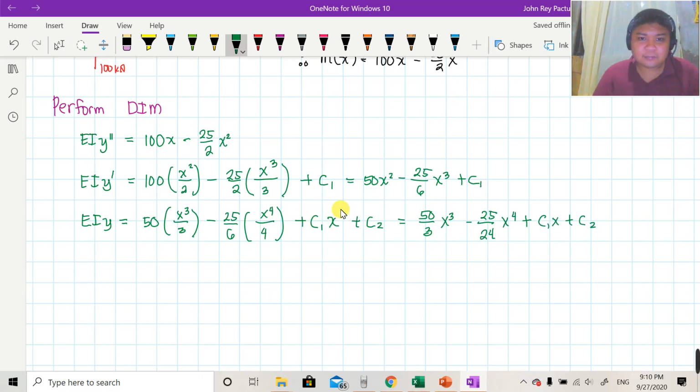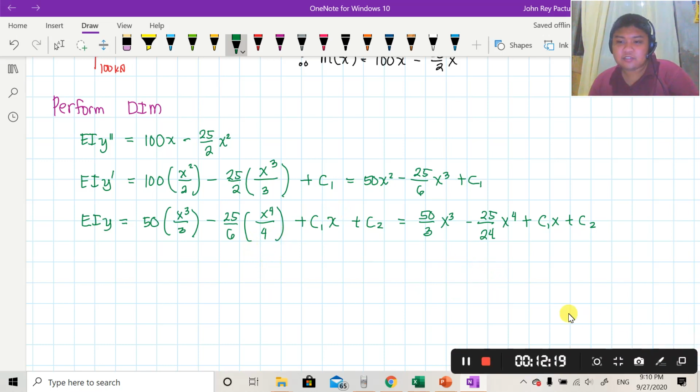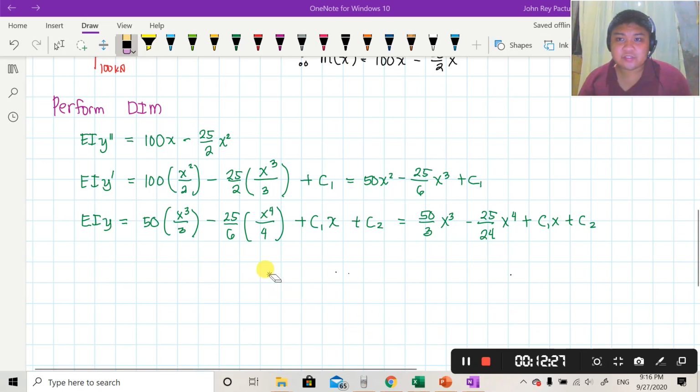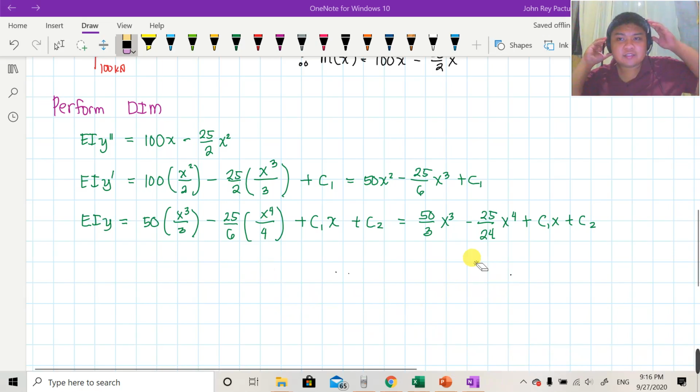So, ito na, na-perform na natin yung double integration method. So, ang next goal mo dito is of course, kailangan natin mahanap yung arbitrary constants na C1 and C2. So, paano? Of course, by utilizing the boundary conditions. So, kung maalala nyo sa discussion natin, since meron tayong dalawang arbitrary constants, kailangan natin ng dalawang boundary conditions. And usually nga, ang boundary conditions nahahanap natin sa supports.